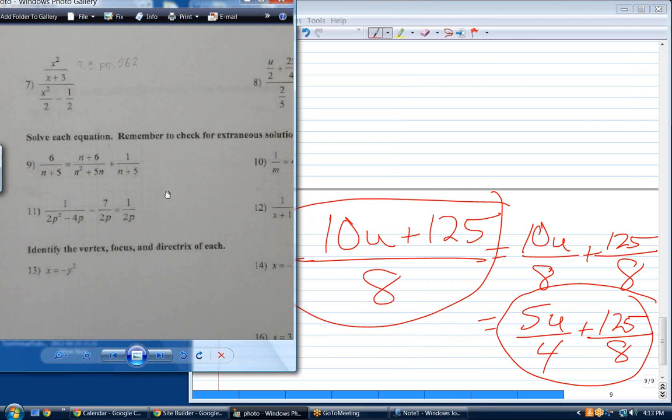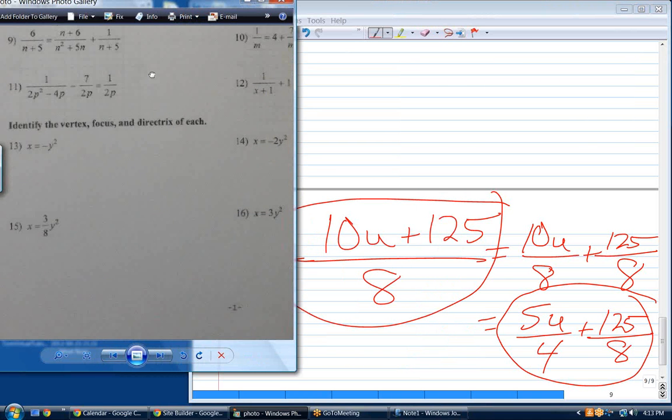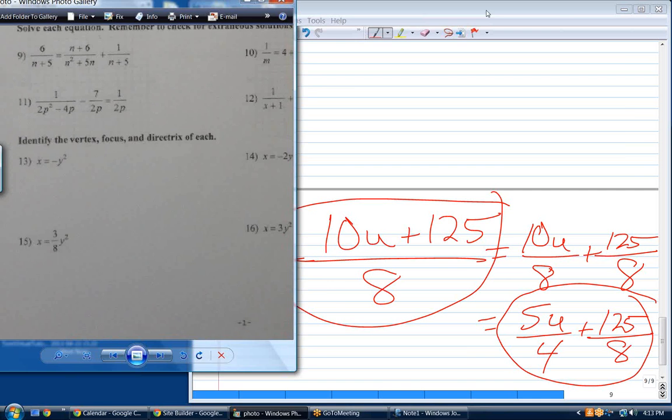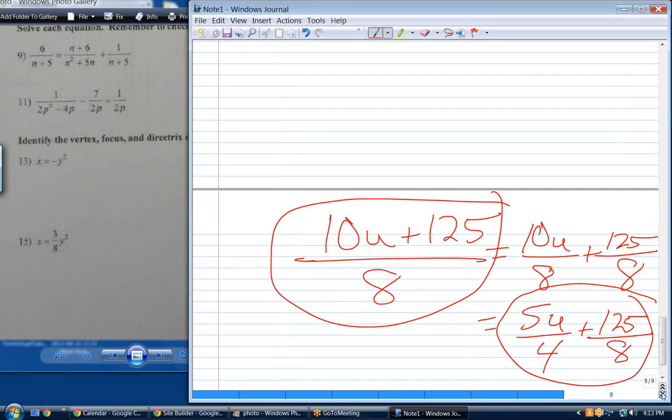Okay, now we're going to solve some equations. And this is always different than simplifying.